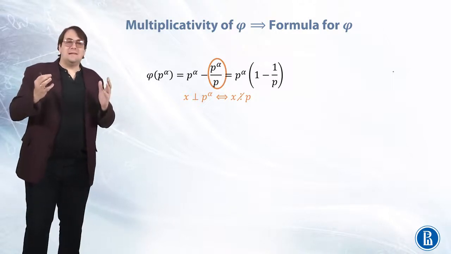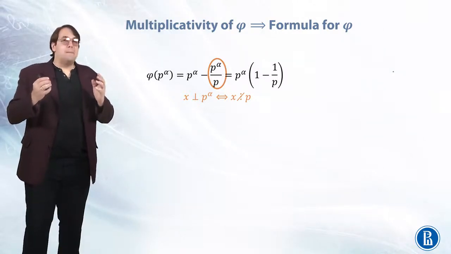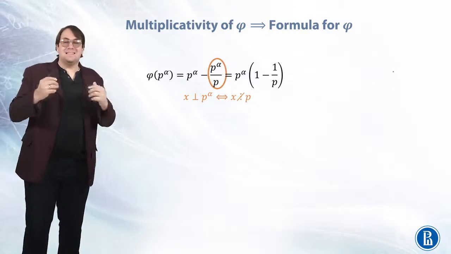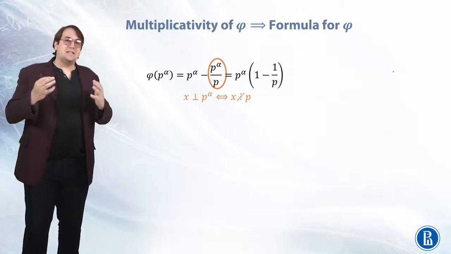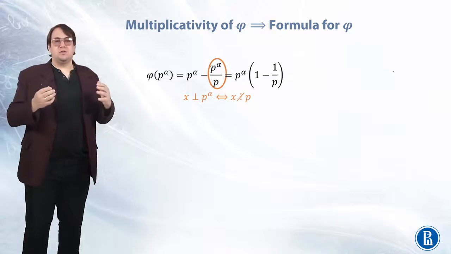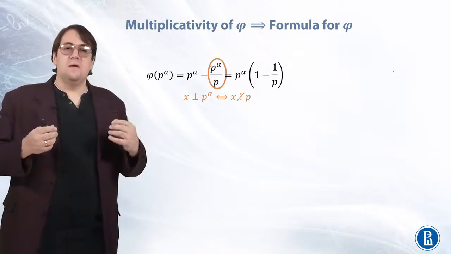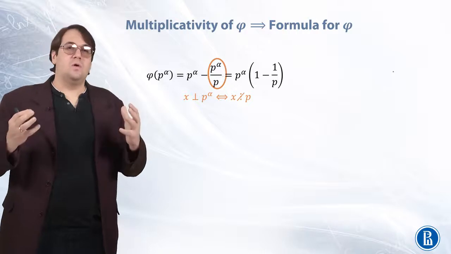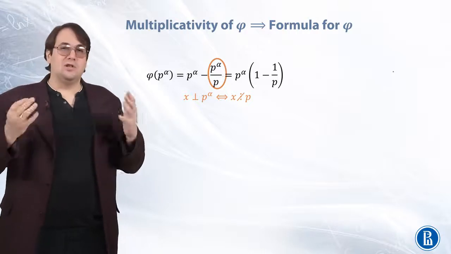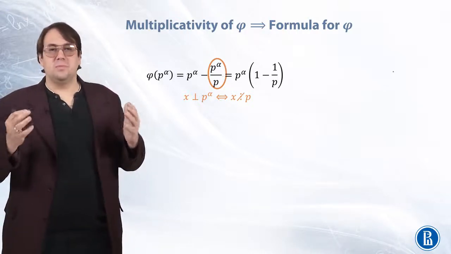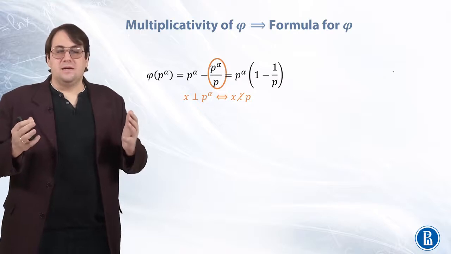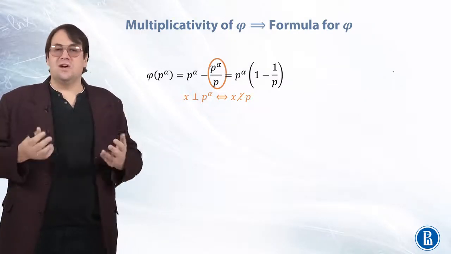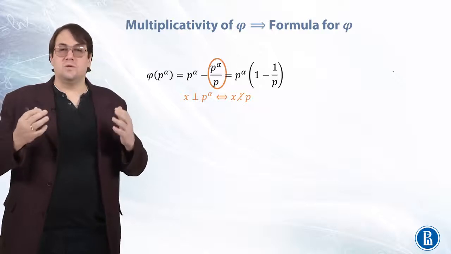And we understand that there are exactly p to the power of alpha divided by p such integers. So we simply subtract p to the power of alpha over p from p to the power of alpha, and this way we remove all positive integers that are not mutually prime with p to the power of alpha. So we gain such a formula for Euler's function of a power of a prime number.